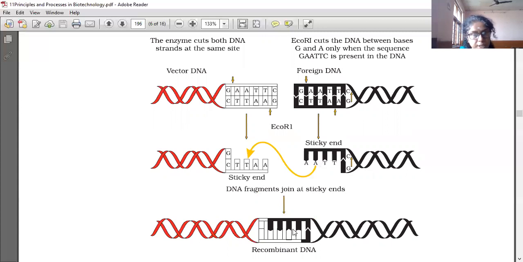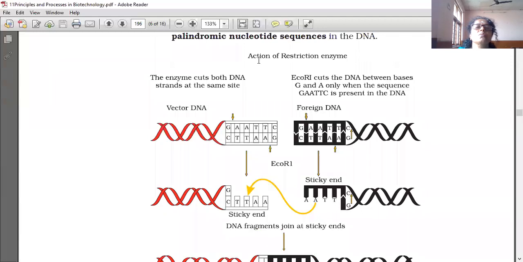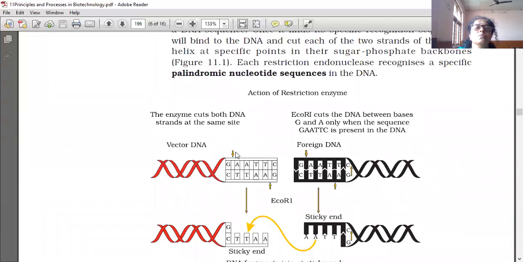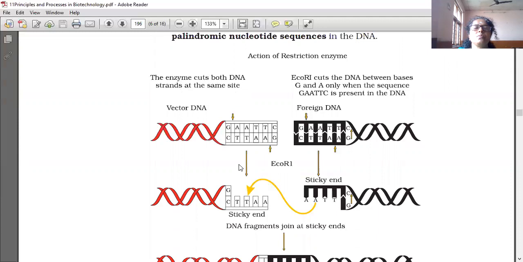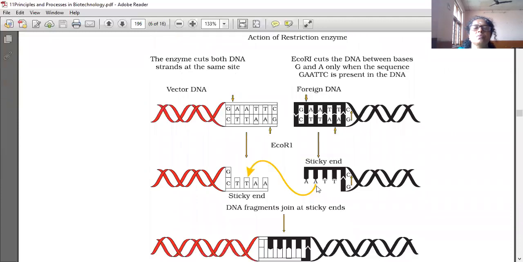It is given very nicely; the diagrams are very clearly drawn using different colors.